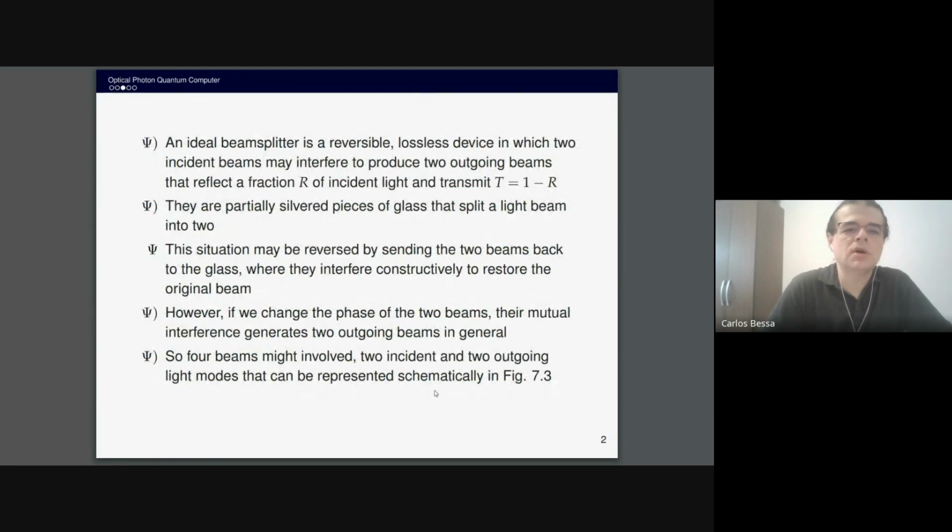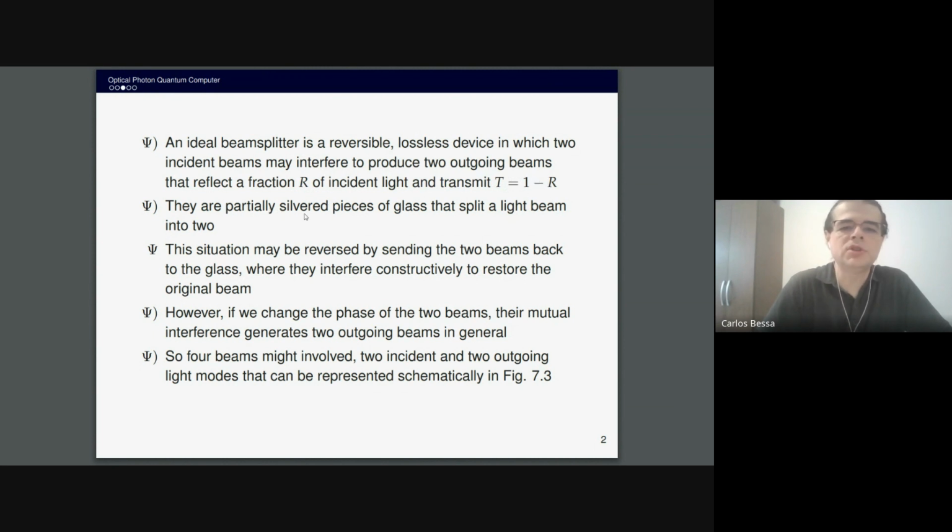So, an ideal beam splitter is a reversible, lossless device in which two incident beams may interfere to produce two outgoing beams. These outgoing beams have a reflected fraction, which they call R, and a transmitted part, which they call T, and the total T plus R is equal to 1.